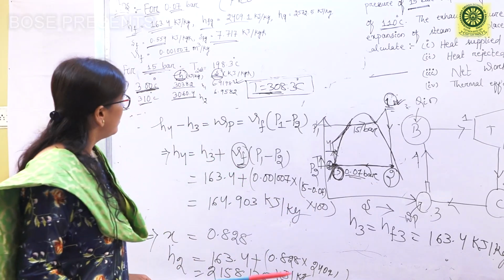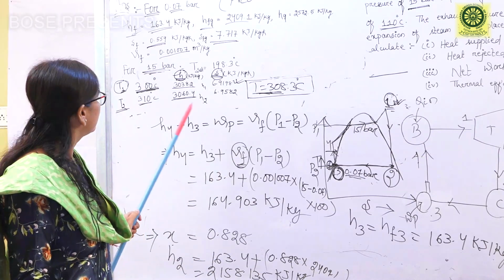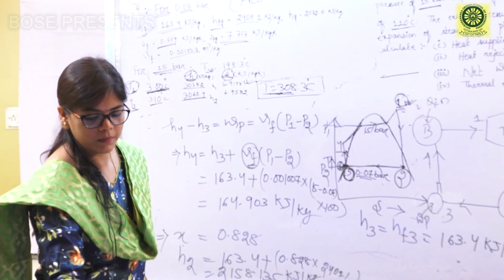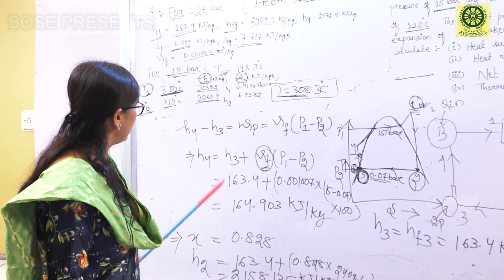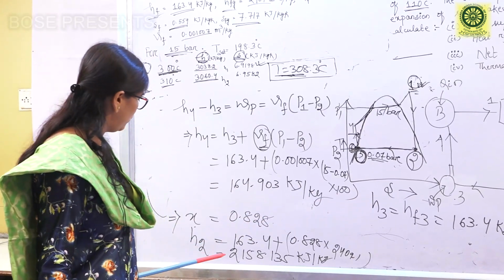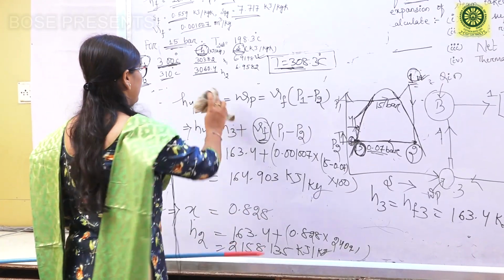After finding H1, H2, H3, H4, there is no more problem. I have already found H4, H3, H2, and H1 is worked out.